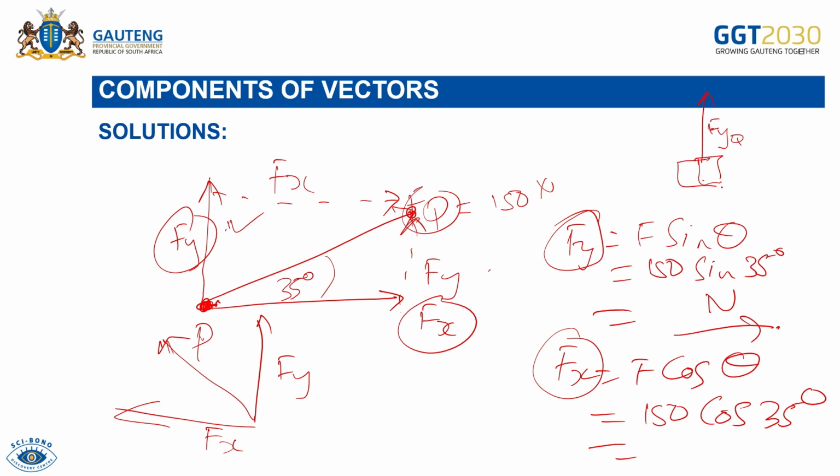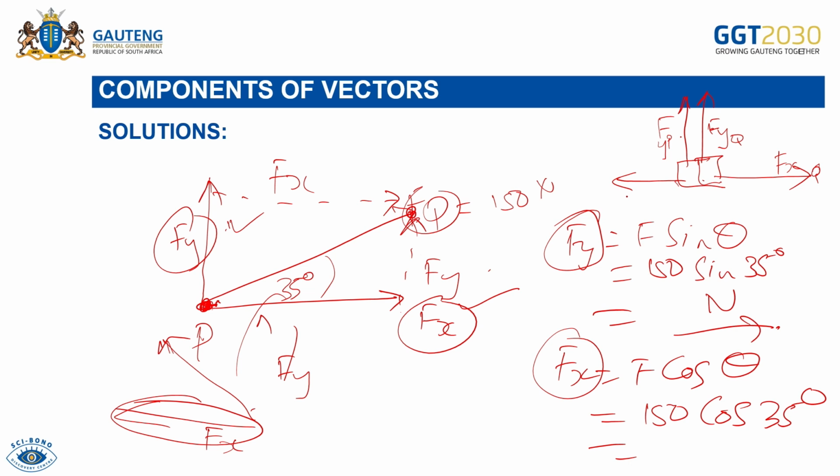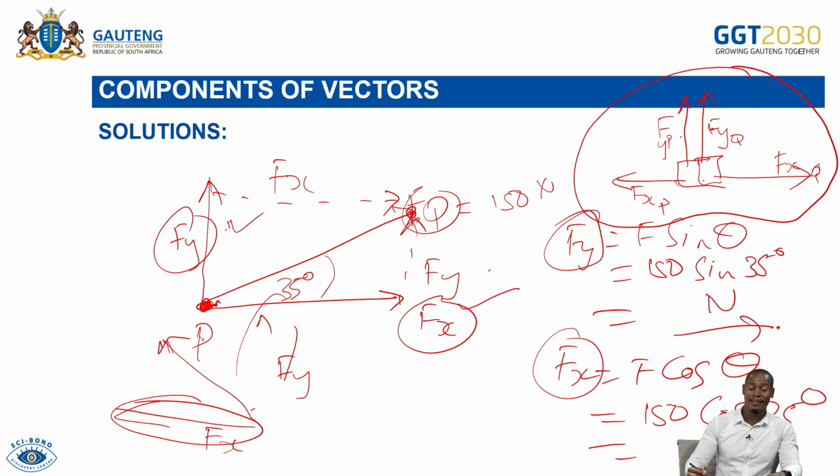You also have your Fy for P. You have Fx, which is this one, for Q. You have this Fx for P. So how many components are you having on this object? 1, 2, 3, 4, right?